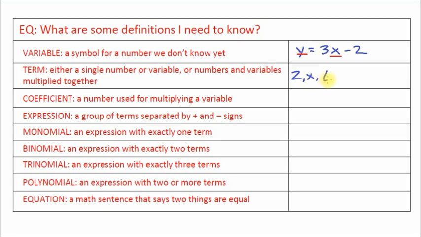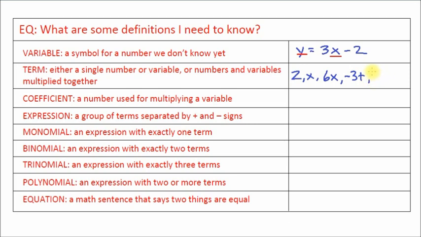We could also combine a number and a variable. 6x, that's 6 times x. We could also have negative values in there, like negative 3t. Negative 3t, you can see that is a number and a variable multiplied together.